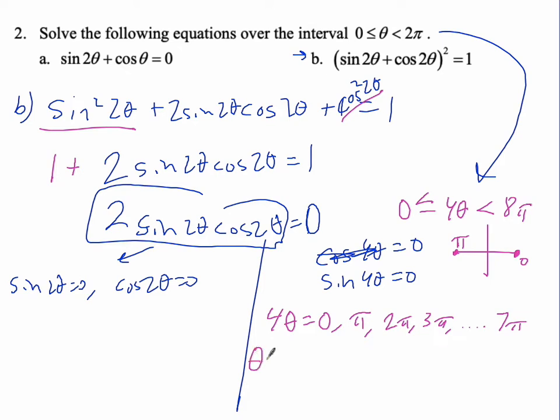So we divide everything by 4, and we have our answers: 0, pi over 4, 2 pi over 4, which is pi over 2, 3 pi over 4, pi, 5 pi over 4, 3 pi over 2, and 7 pi over 4 is the final answer. So you have 8 answers in that one.